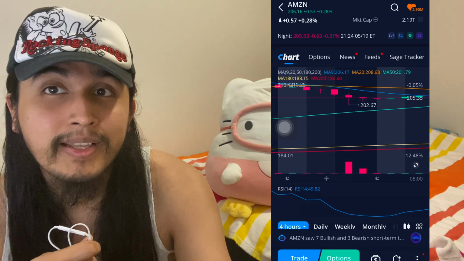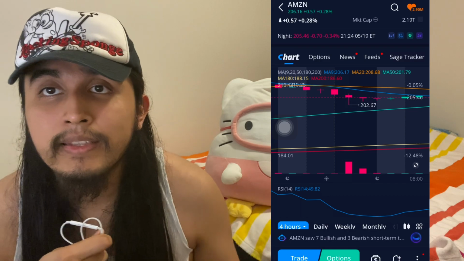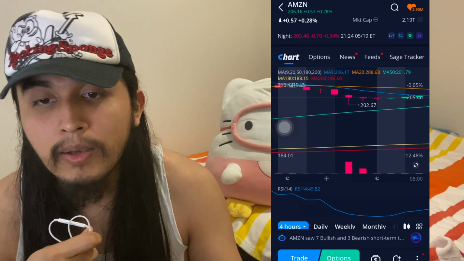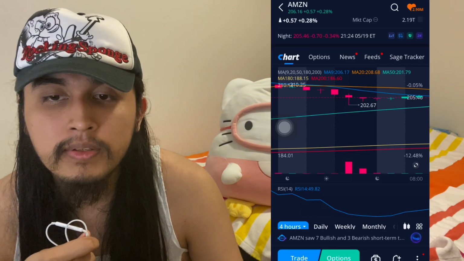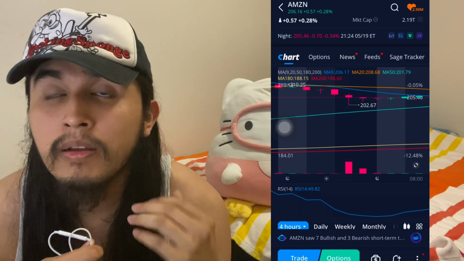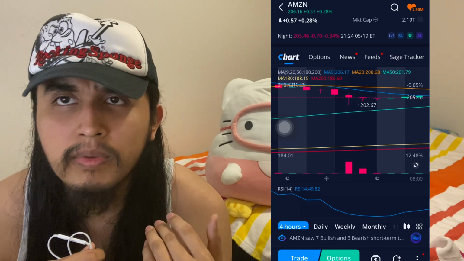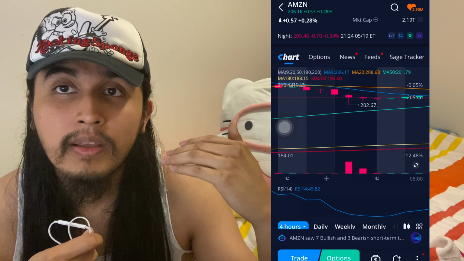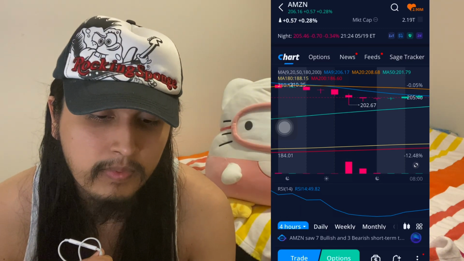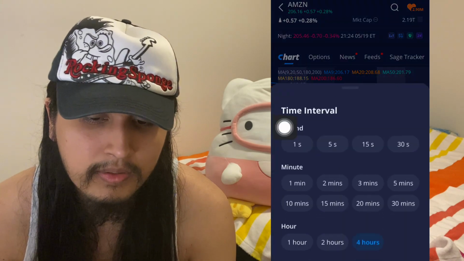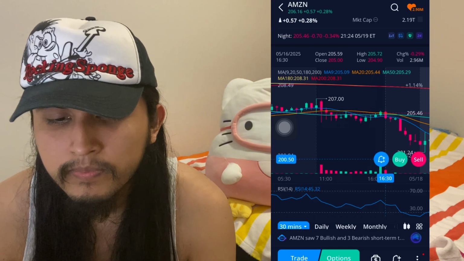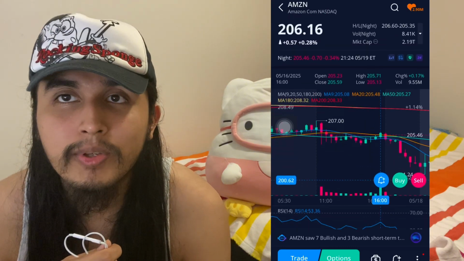Typically when that pattern shows up, it indicates that the stock is in a bearish trend. So I decided to play a little bit of put options, and if Amazon decided to go up a little further, I'd buy when it approached the 20-day moving average. And that's how that trade went.